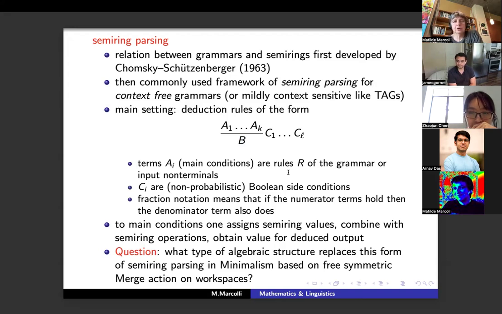And the way that these evaluations for whether something checks or not are performed is that whatever you have up here is mapped to a semiring, where the corresponding values are combined with the semiring operations, and the obtained value is assigned to the output that you are deducing from these operations.